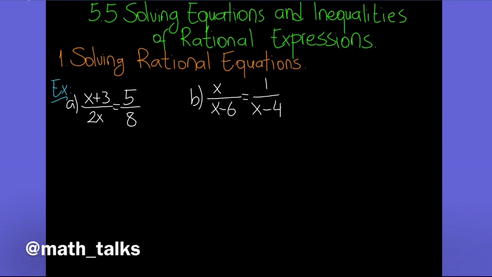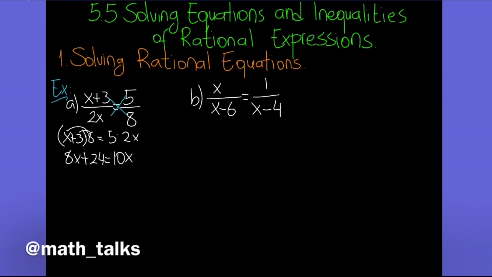To find x, first you have to cross multiply. So it will be (x plus 3) multiplied by 8 equals 5 multiplied by 2x. Then x multiplied by 8 is 8x, and 3 multiplied by 8 is 24, plus 24 equals 10x.